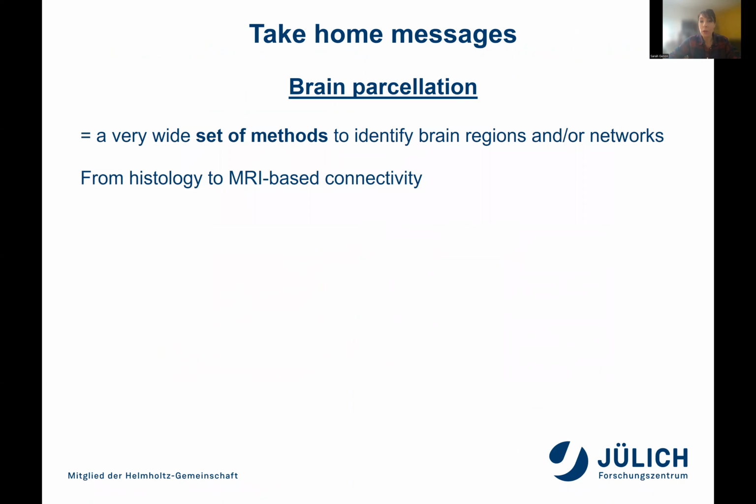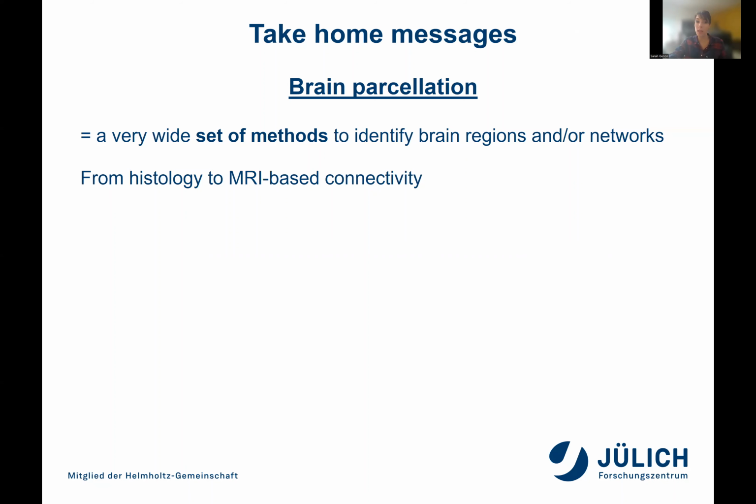So that was all for this introduction to brain parcellation. I tried to cover more or less the literature. So this is not a deep introduction, but I tried to give you an overview here to help you find your way in this very wide literature. So brain parcellation in summary is a very wide set of methods to identify brain regions and or networks.